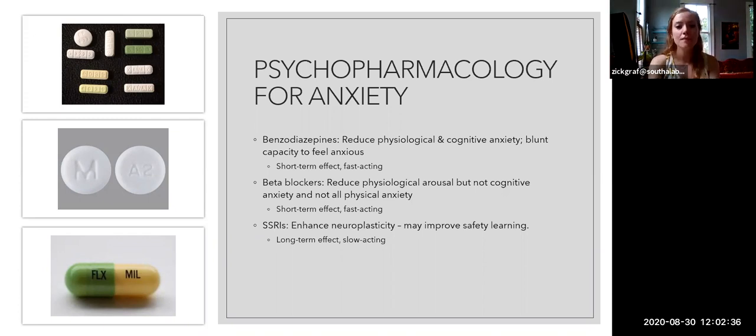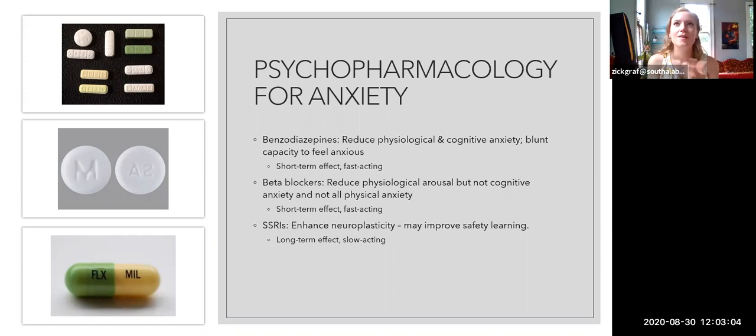Beta blockers are similar, but instead of reducing both physiological and cognitive anxiety, they really only reduce physiological arousal. So beta blockers are really effective for people with performance anxiety because they eliminate the negative impact of anxiety on complex motor tasks and motor performance, but they don't impact cognitive anxiety.